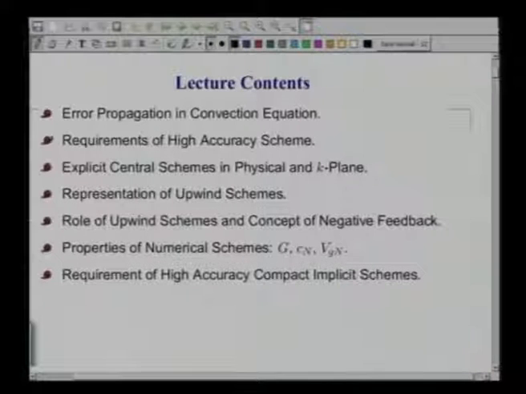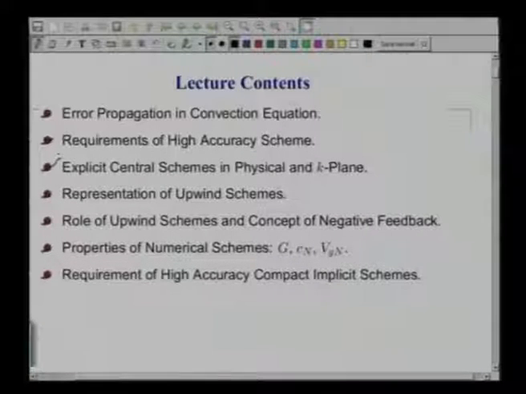And once that is discussed, we would move over and look at certain explicit central schemes. We will look at them from the physical plane point of view as well as in the spectral plane. The spectral plane will be indicated by the wave number k, and having done that, we would try to talk about upwind schemes.